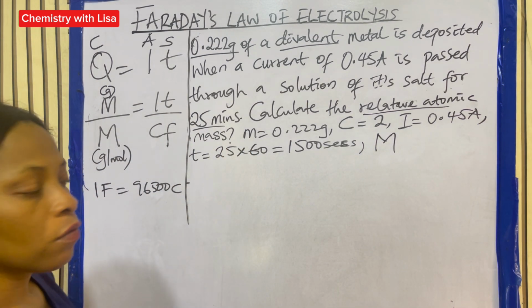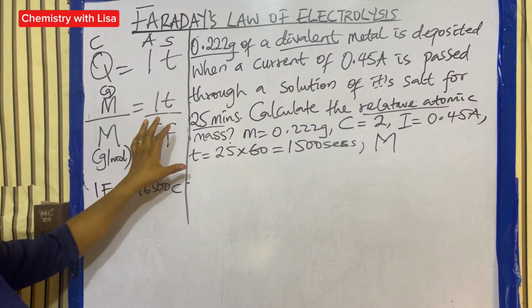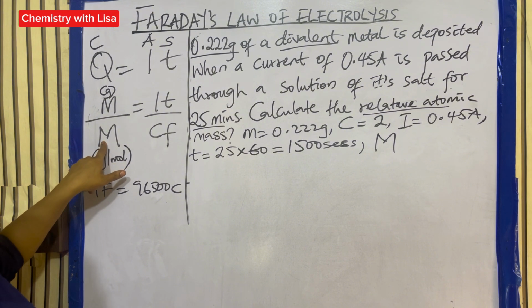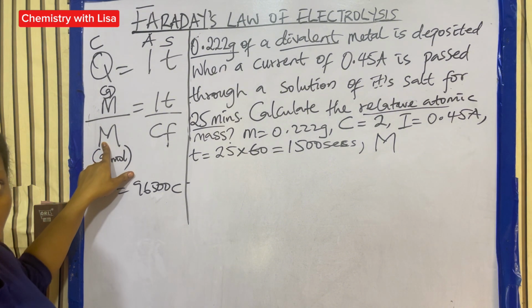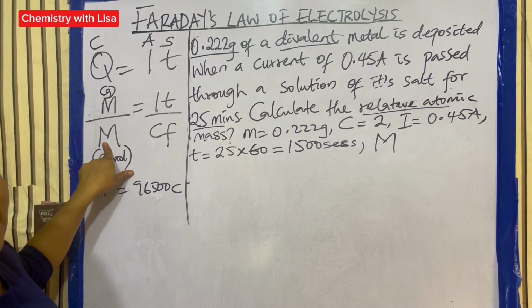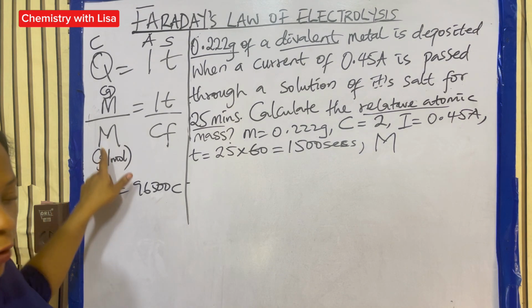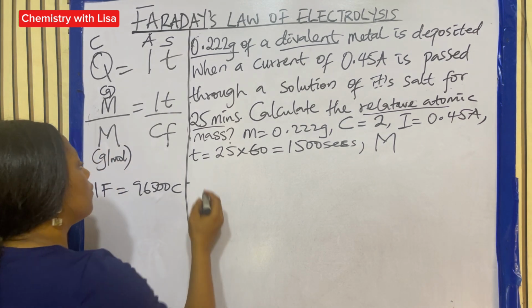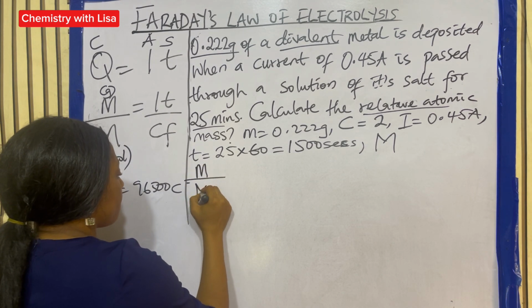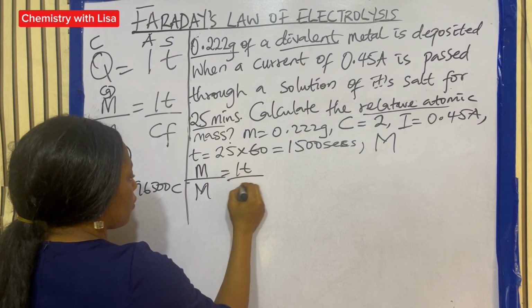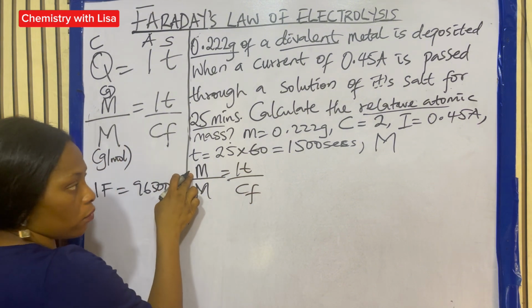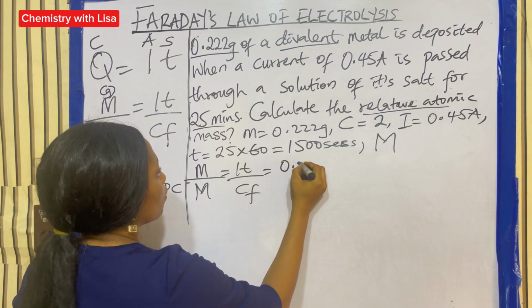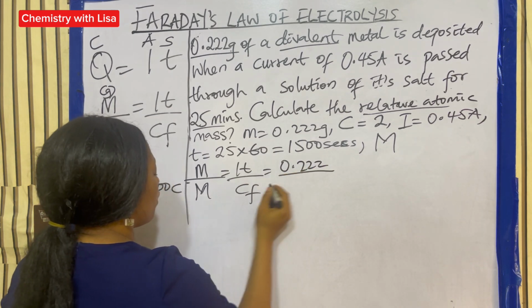Okay. So the question says we should calculate the relative atomic mass, which is the big letter M. So which formula? We are going to use this formula. Remember, this represents molar mass or relative atomic mass. Okay, so let's solve. M over N is equals to IT over CF. This is mass, which is 0.22 gram, over the relative atomic mass we are looking for.